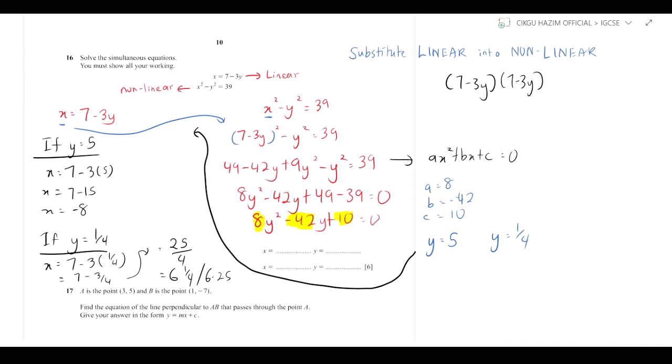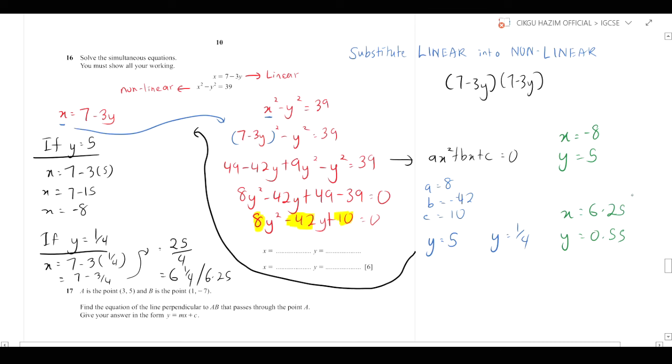By looking at this, you can see your final answer. If x equals negative 8, then y equals 5. If x equals 6.25, then y equals 0.25, or 6 and 1 over 4, and 1 over 4.